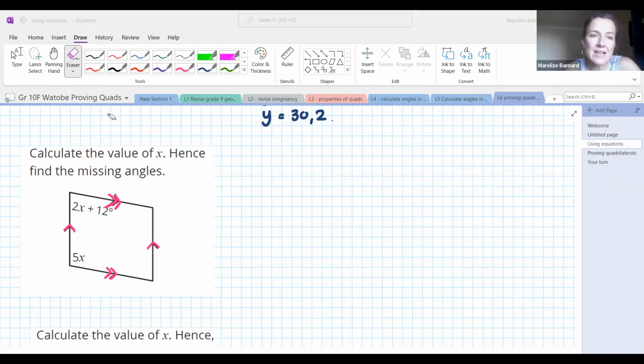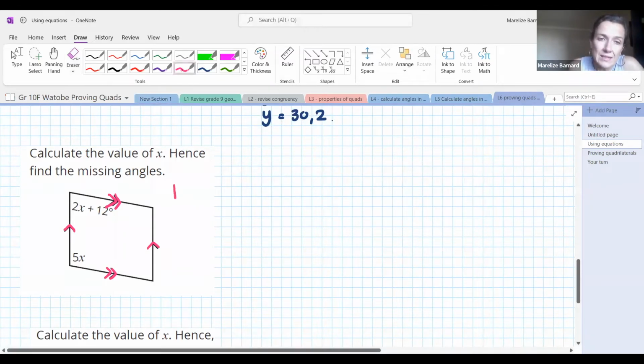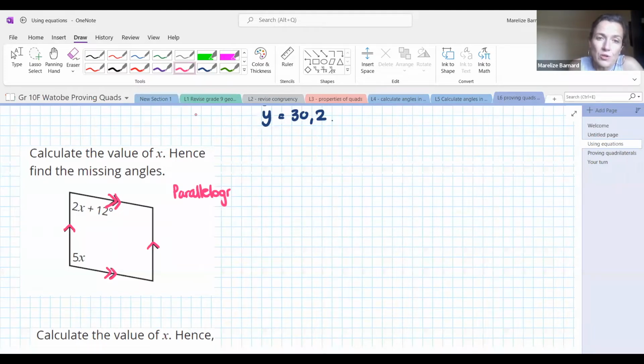So what is given is that we have two pairs of opposite sides parallel. If two pairs of opposite sides are parallel, then this would indeed be a parallelogram. If you go to your screenshots that you took, or the page with all of your properties, I don't have it here now, I would need to hunt for it in previous lessons, you will have that two pairs of opposite sides parallel is the key characteristic of a parallelogram.